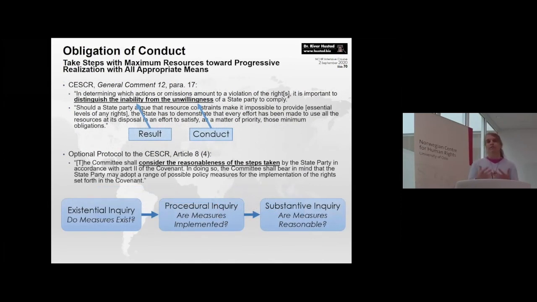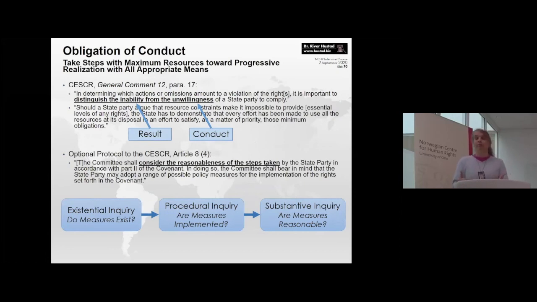And this just synthesizes what we've been talking about, that you must have certain measures in place, what I call the existential inquiry. Do the measures exist? Are there plans in place? Are there benchmarks in place? Is monitoring in place? Does it exist? And then the procedural inquiry: are the measures actually implemented in fact?